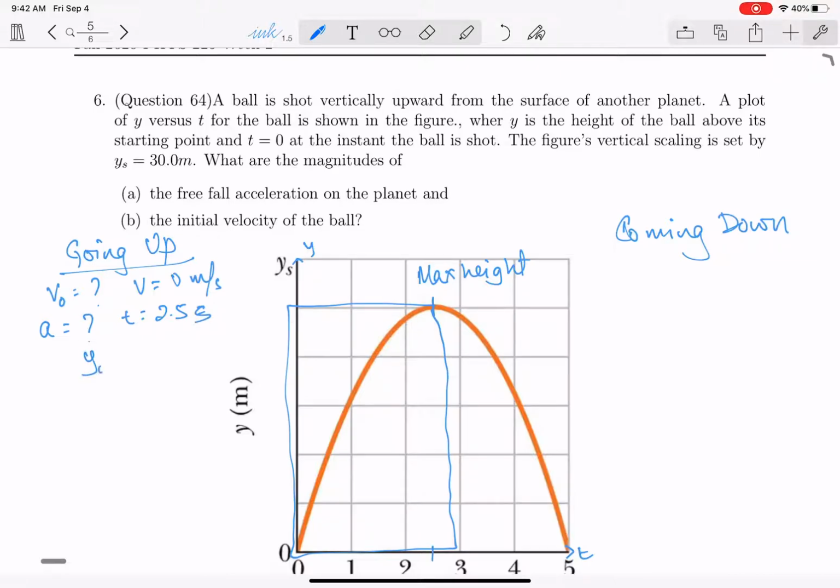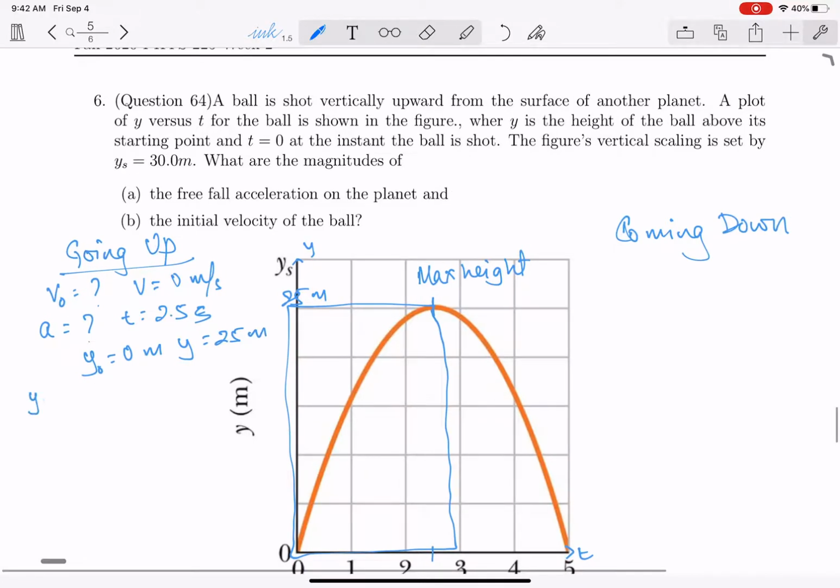Y initial is 0 meters. Y final should give you 25 meters here. Now we are using this equation, y minus y initial equals v final t minus 1/2 at squared.